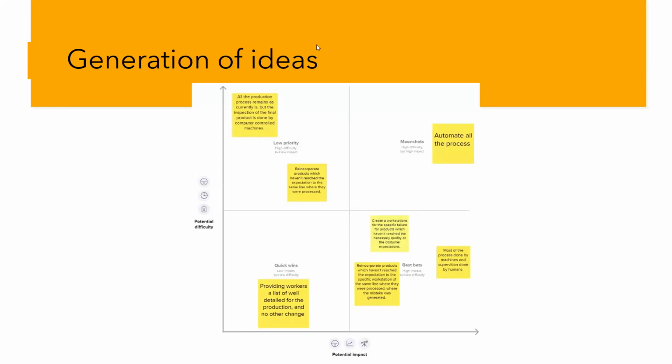Well, now the process to arrive at our solution was to generate some ideas through the tool of brainstorming and also this potential difficulty graphic. So we went through providing workers a list of well-detailed directions for the production, and no other change, to our final solution, which was to automate almost all the process done by machines, but with the supervision done by humans.